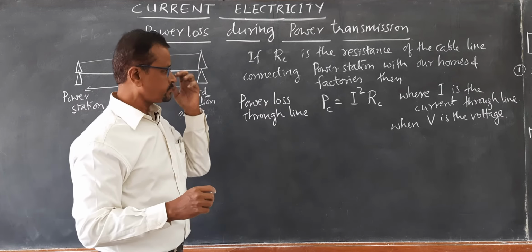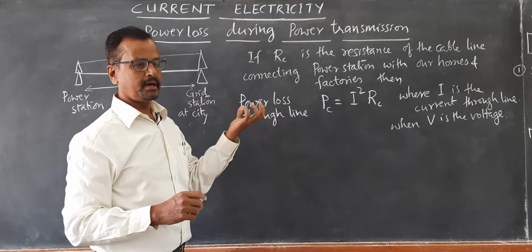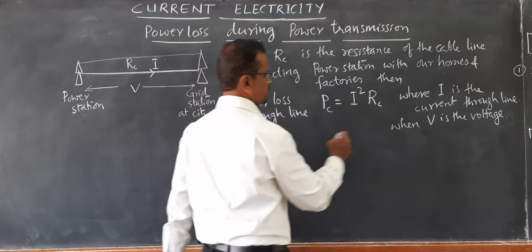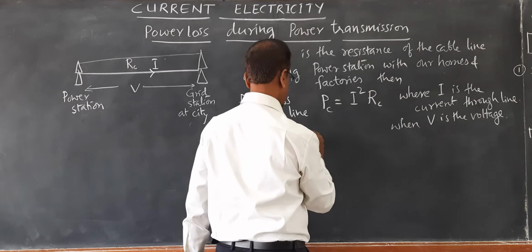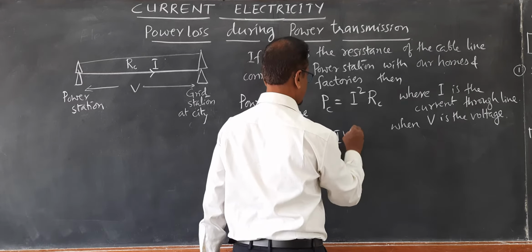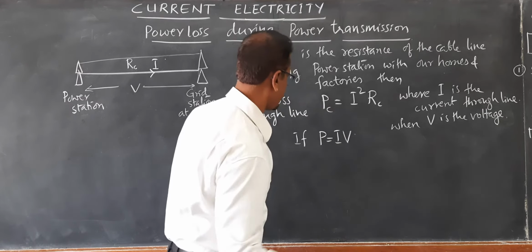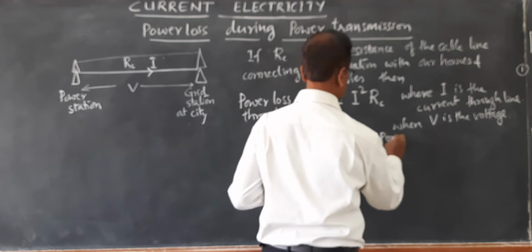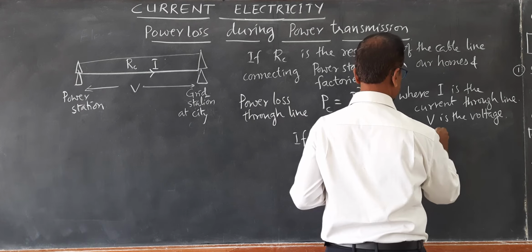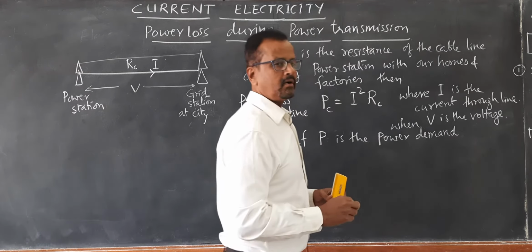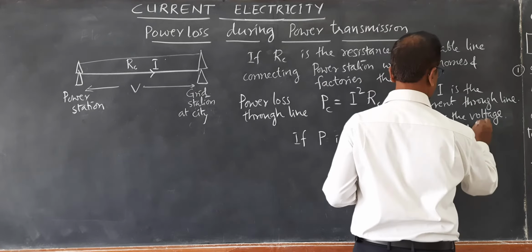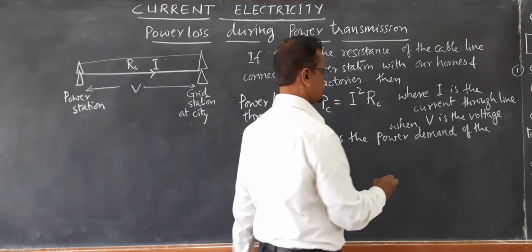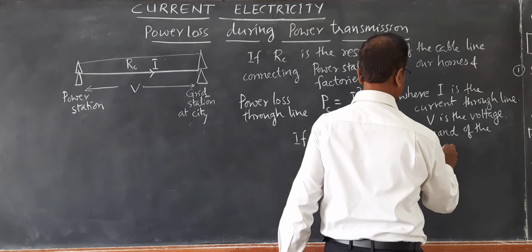Then we know that the power demand for that locality is P. P is equal to IV. P is the power demand of the homes and the factories, the power demand of the city.